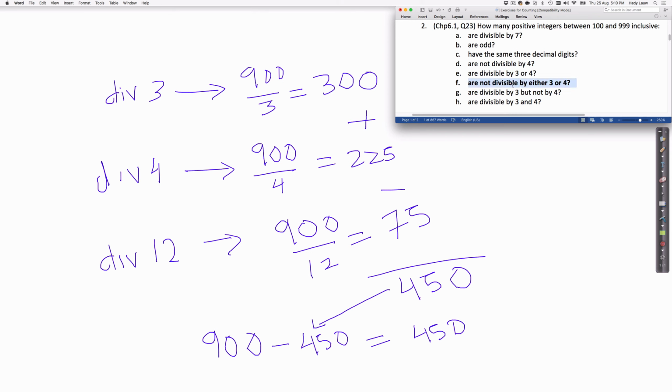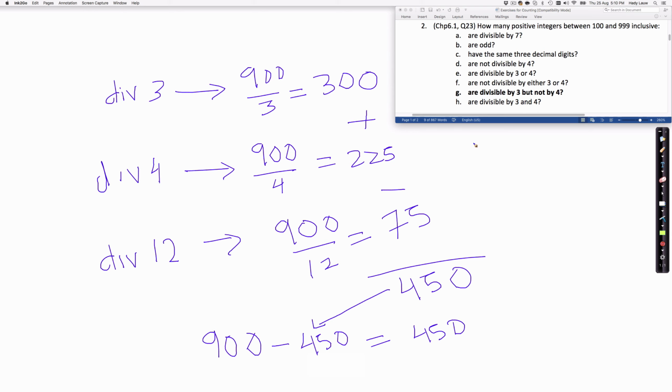Alright, now we're going to consider 2G. For 2G, we are interested in numbers that are divisible by 3, but not by 4. Earlier we know that the numbers that are divisible by 3 are 300. Now some of these are also divisible by 4, and in 2G we want to exclude them.